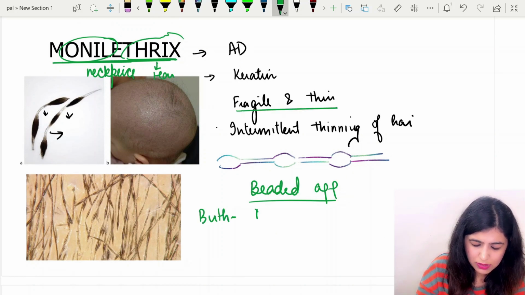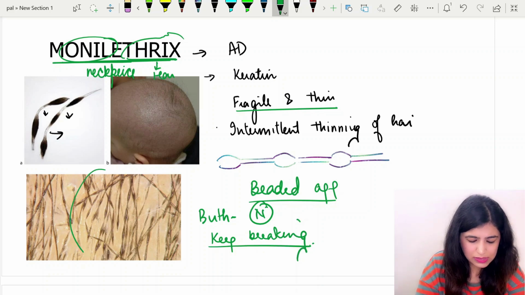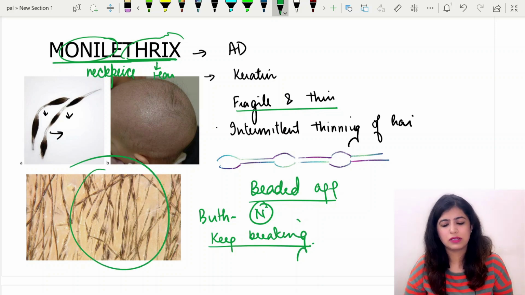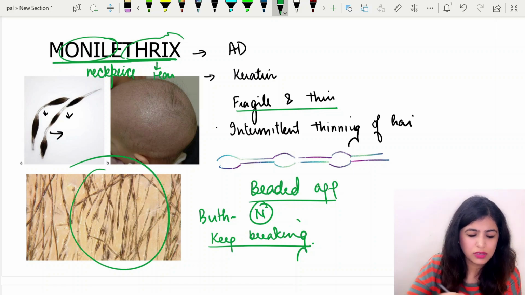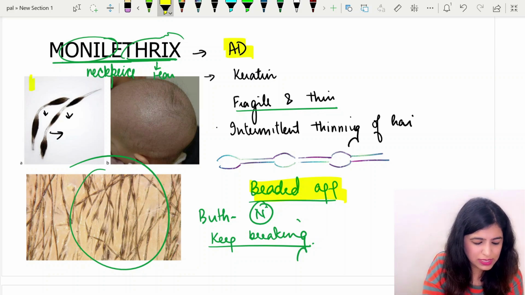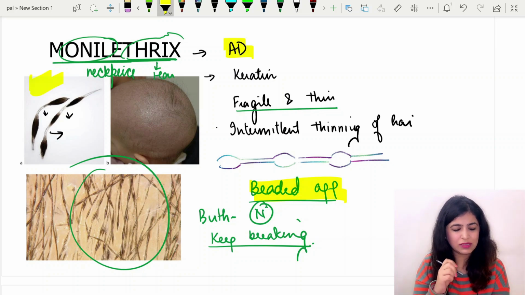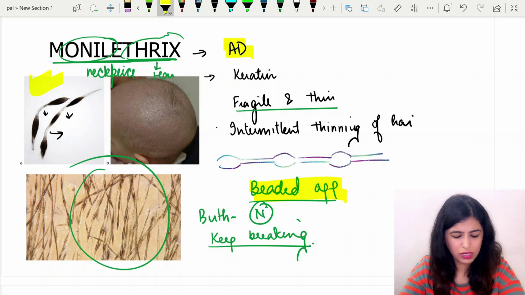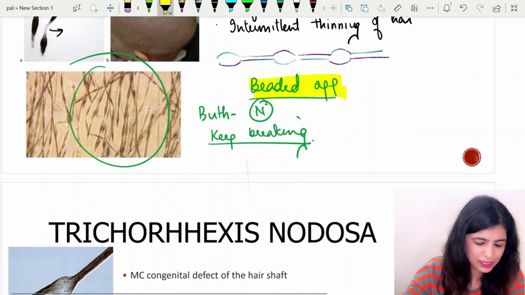At birth they are normal, but after that they keep breaking and the child's hair doesn't grow long. This is how monilethrix looks like. Okay, the questions that come from here are one, autosomal dominant inheritance, the beaded appearance, and these kind of images where you see this beaded look of the hair with intermittent thinning.